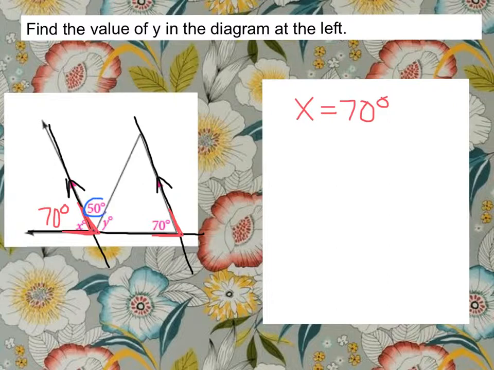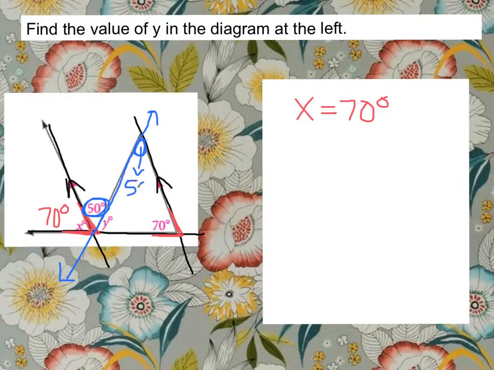Here we have angle 50, and we have this angle up here. Oh, this is another transversal right here across the parallel lines as well. So there's two transversals. Since we have angle 50 here and this angle here, and we're inside the parallel lines, they are alternate interior angles.